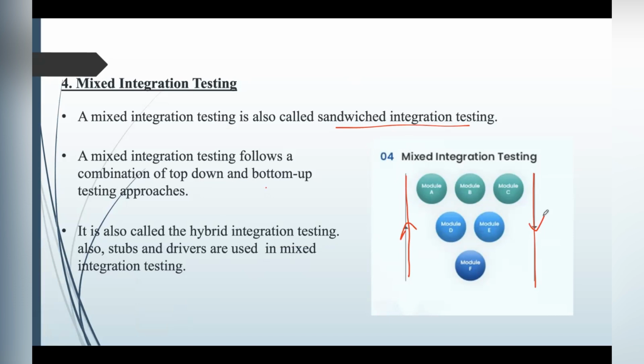In top-down, we saw testing can start only after top-level modules have been coded and unit tested, whereas in a bottom-up approach, testing can start only after bottom-level modules are ready. So this sandwich or mixed approach overcomes the drawbacks of top-down as well as bottom-up approaches. This testing is also called hybrid integration testing, and stubs and drivers are used in mixed integration testing.